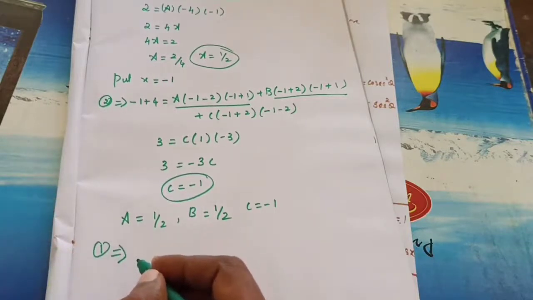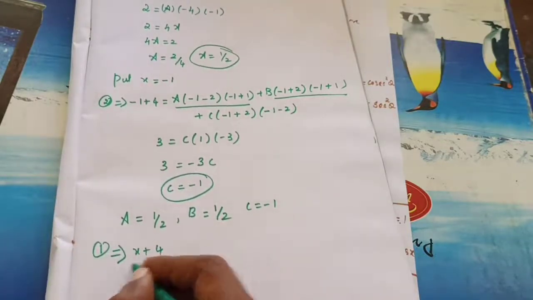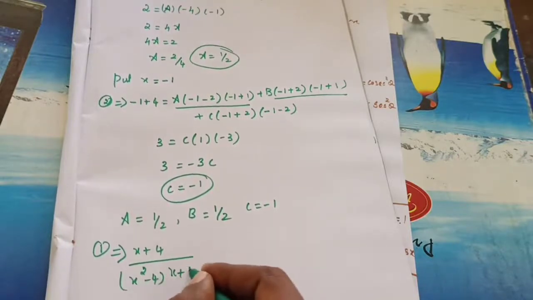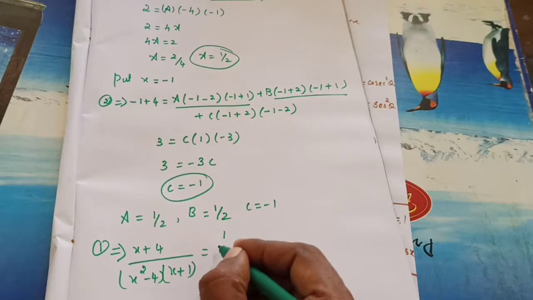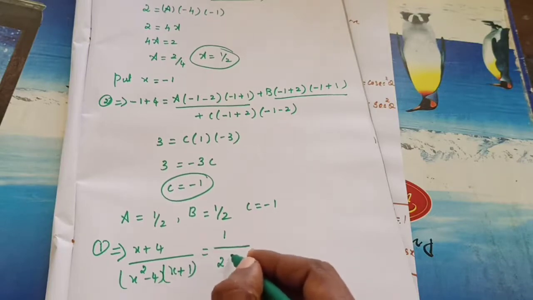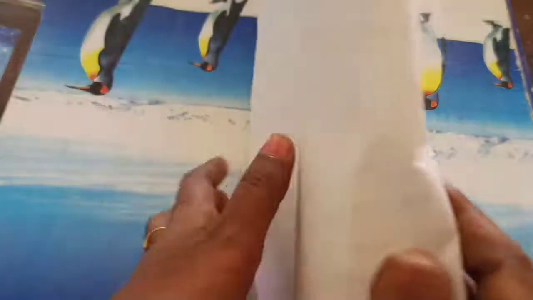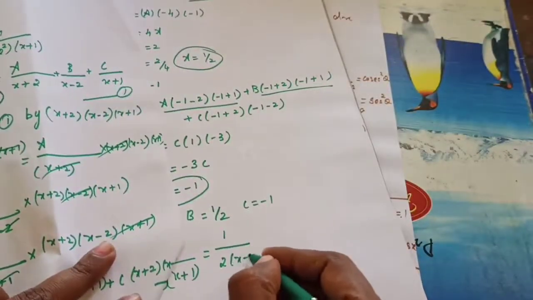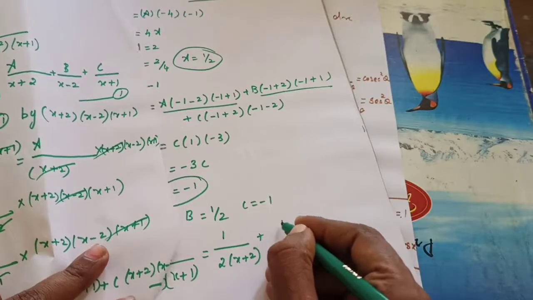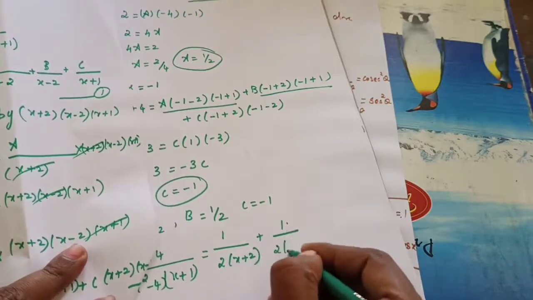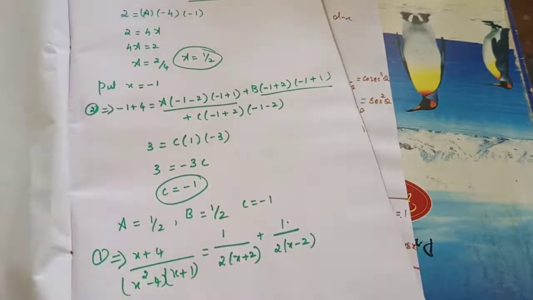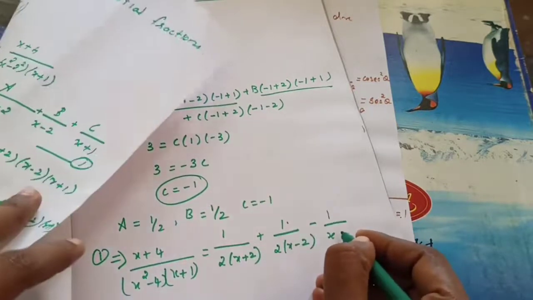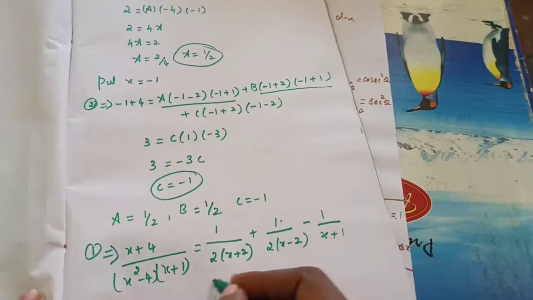So x plus 4 divided by (x square minus 4) into (x plus 1) is equal to a value 1 by 2 into 1 by (x plus 2), then plus b value 1 by 2 into 1 by (x minus 2), minus 1 divided by (x plus 1). Okay, so this is the answer.